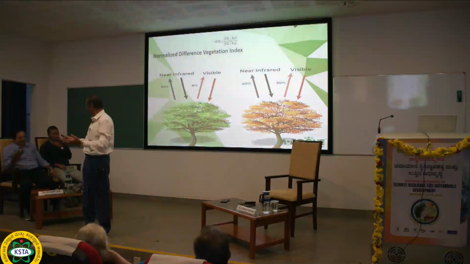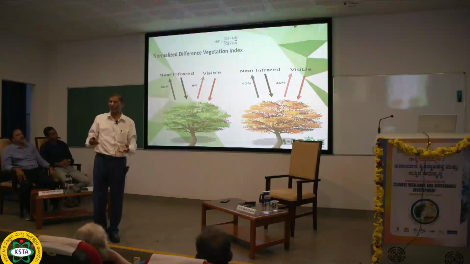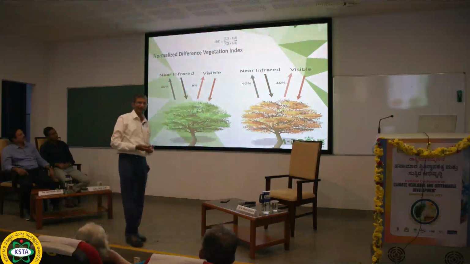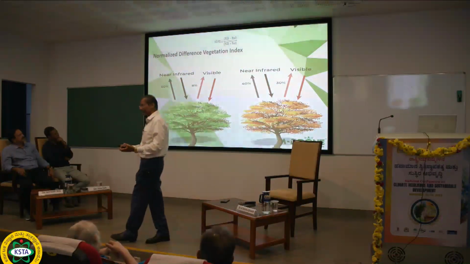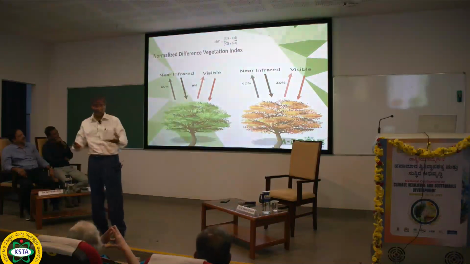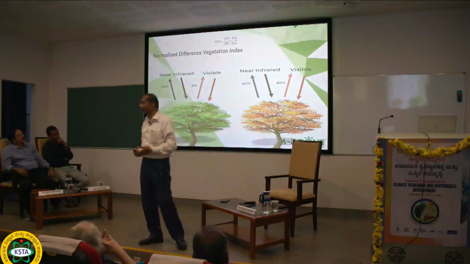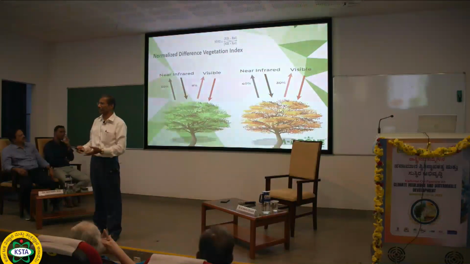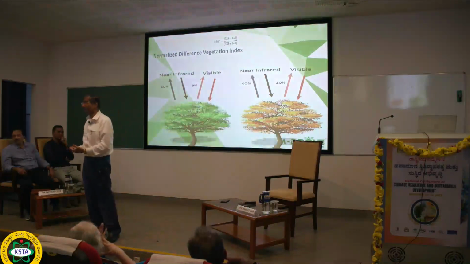For a smaller area, we can always use the drone for understanding how much area of crop is being grown, what is the status of crop in terms of water stress, in terms of pests and diseases, in terms of weeds, in terms of lack of micronutrients, or in terms of high temperature. Because today climate change is affecting our food and agriculture, which is the backbone of our country. That's where we need to give a lot of importance.